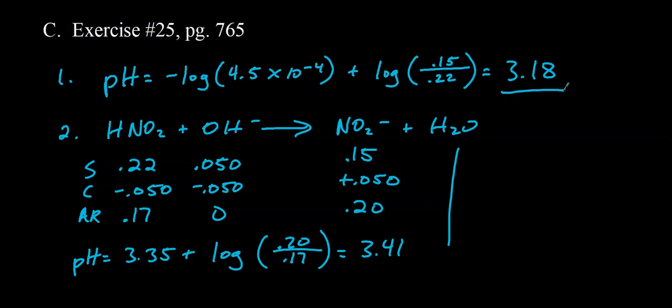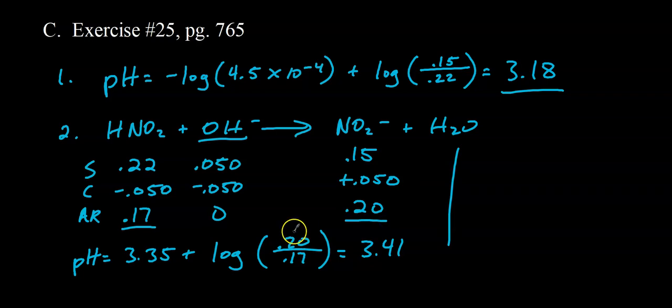Next, what is the pH after you add 0.050 moles of sodium hydroxide? So I set up my ICE table. So of course, the sodium hydroxide is the limiting reactant. And so still going to have some nitrous acid remaining in the solution, still going to have some nitrite ion in solution, so still a buffer. So once again, I'm going to use Henderson-Hasselbalch.